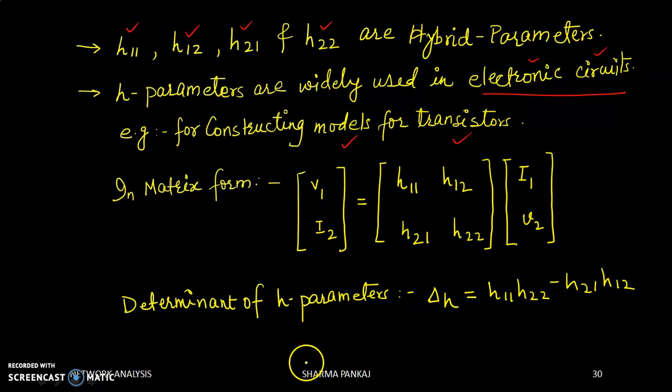This is your delta H, which is H11 H22 minus H21 H12.